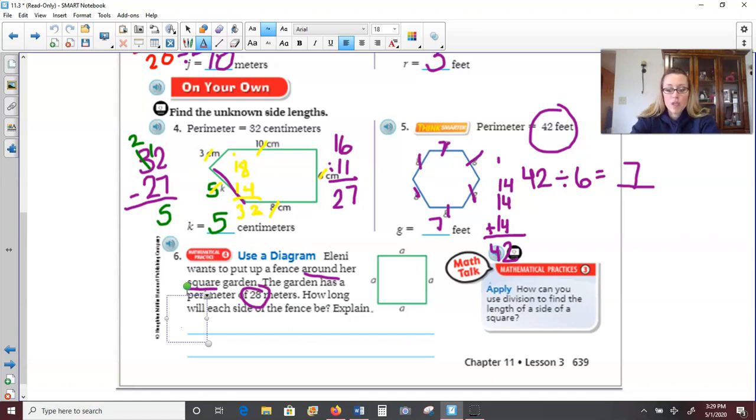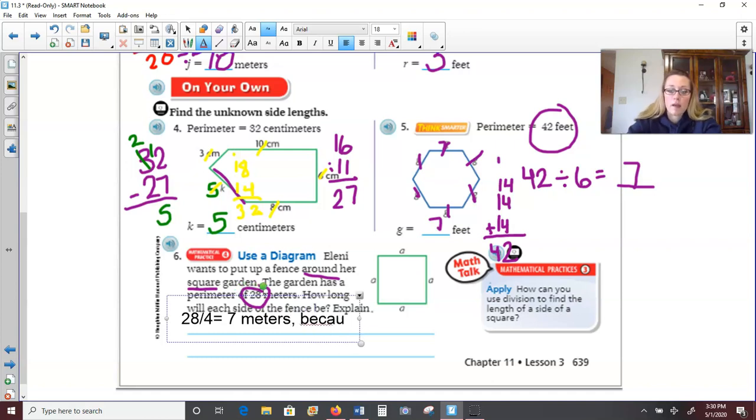So 28, and I have to use the fraction division bar just because that's the easiest symbol to use on a keyboard, but you can use the basic fact symbol with the subtraction line and the 2 dots. So 28 divided by 4, well, what does that equal? 7. And our label is going to be meters because it said the perimeter is 28 meters.